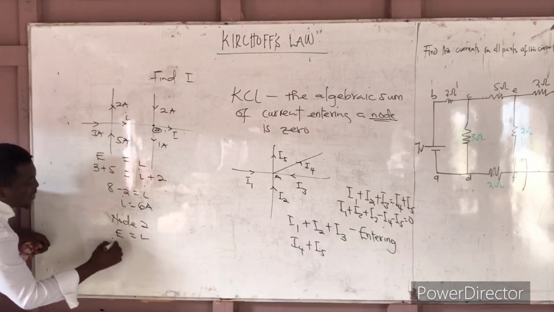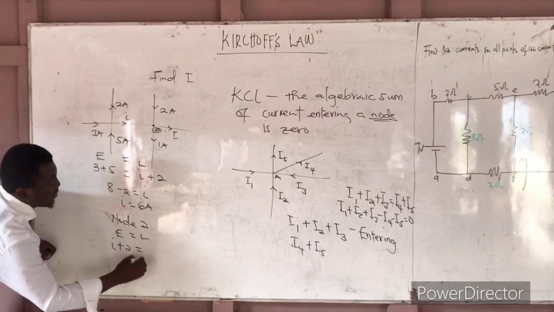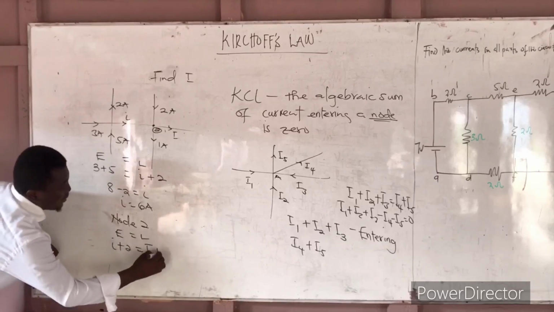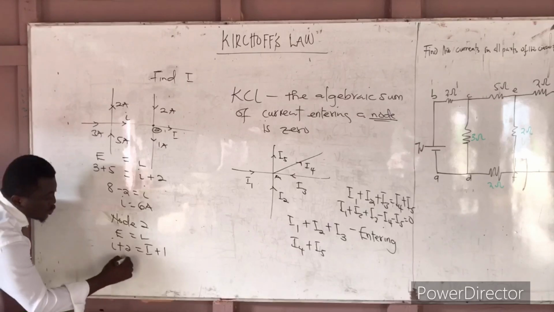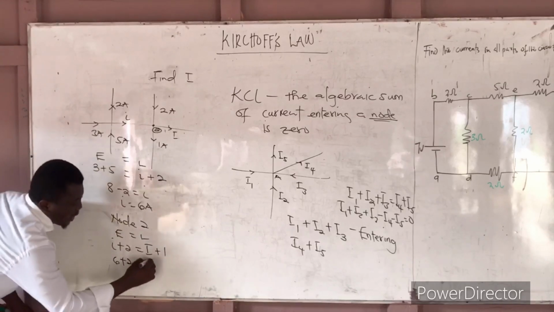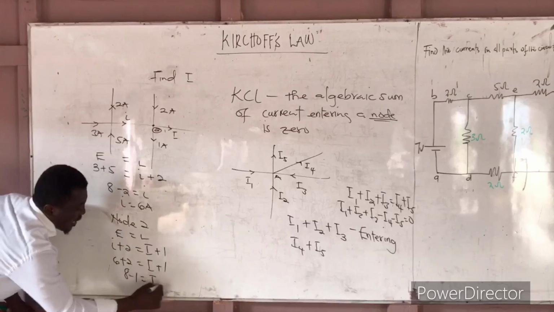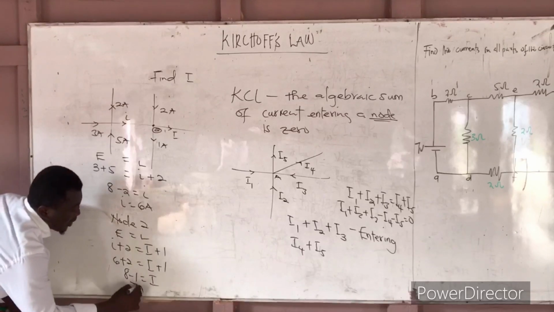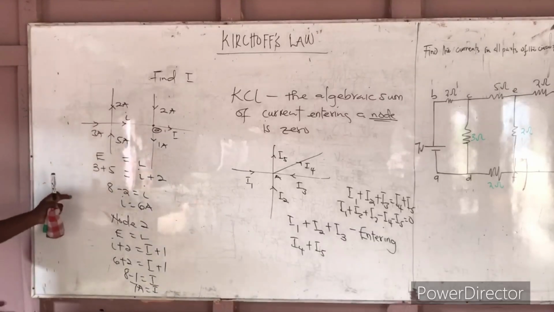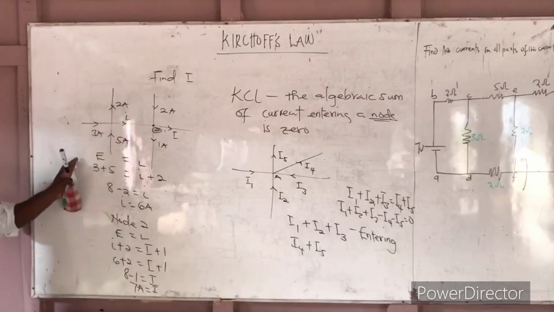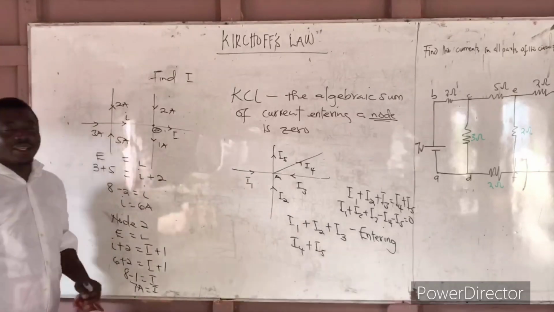Entry is i plus 2, and leaving is equal to capital I plus 1. So 6 plus 2 must be equal to I plus 1. So we are getting 8 minus 1 is equal to I, so 7 ampere is equal to I. That's how to go about it when you are given a question like this. So this is all about KCL.